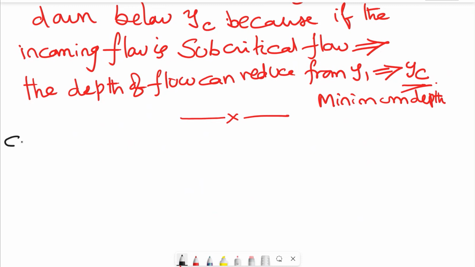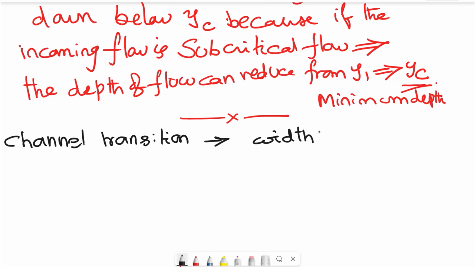What is the other channel transition? The other channel transition is width reduction. All that we do is create conducive conditions to create the critical flow. Why create critical flow?